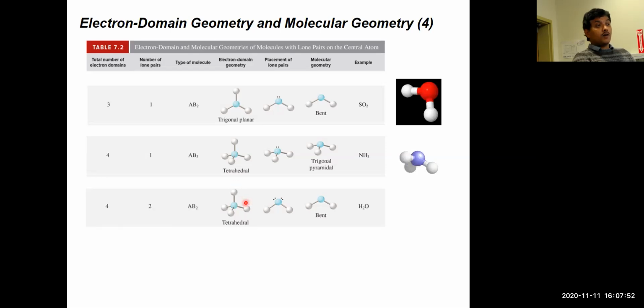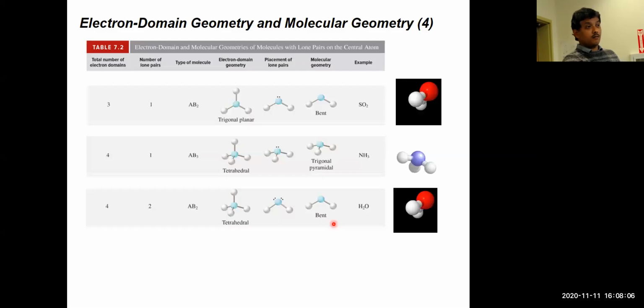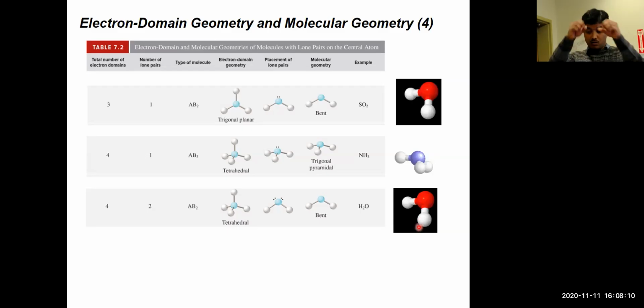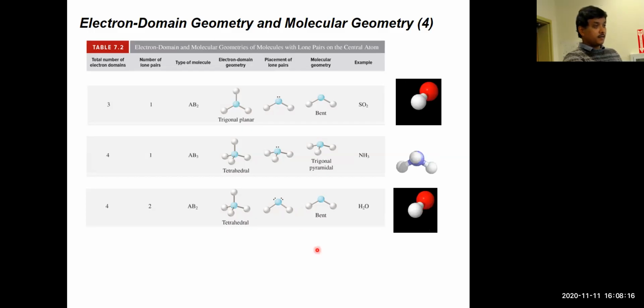If you replace 2 bonds with the lone pairs, it looks like this, and the placement of electrons helps us predict the molecular geometry. So the molecular geometry for an AB2 type molecule with 2 lone pairs is bent again. Bent looks like this. Why is it bent again? Because the lone pairs push those 2 bonds down, because they need space for the 2 lone pairs like this. So, bent.